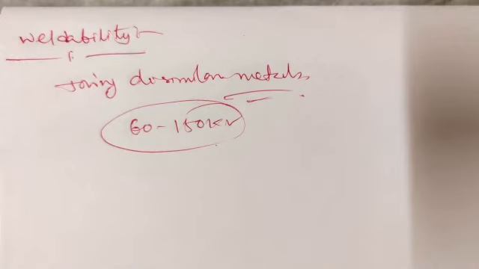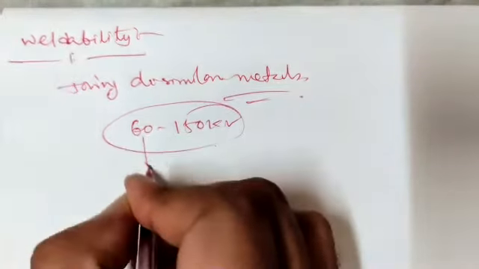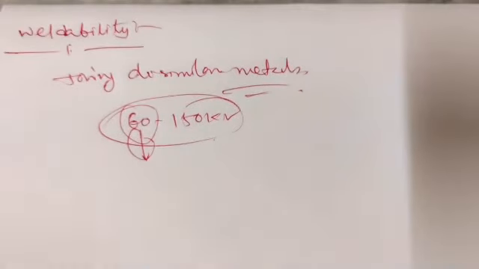Generally accelerating voltage may be chosen between 30 to 200 kilovolt, but we generally choose this range. Okay, 30 also is possible, up to 200 also we can go for, but especially in case of welding, generally we go for this one. Okay, 60 kilovolt we generally choose, because otherwise it will lead to EBM, electron beam cutting or machining or drilling process. Okay, so this is something about EBM and EBW.